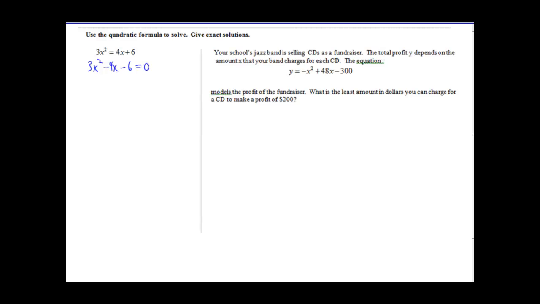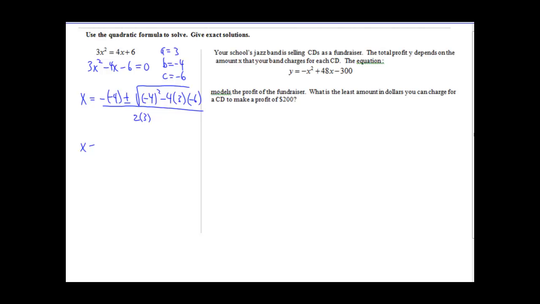We need a, b, and c. a is equal to 3, b is equal to negative 4, and c is equal to negative 6. So if we plug in, we get x equals the opposite of negative 4 plus or minus the square root of negative 4 squared minus 4 times 3 times negative 6, all over 2 times 3.